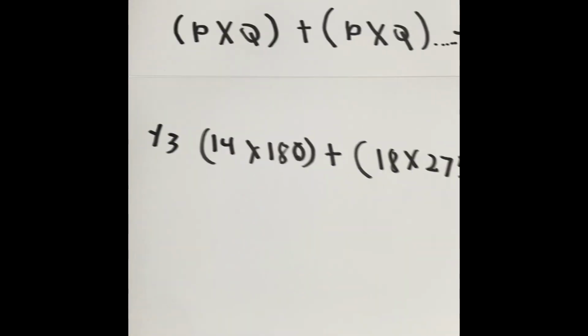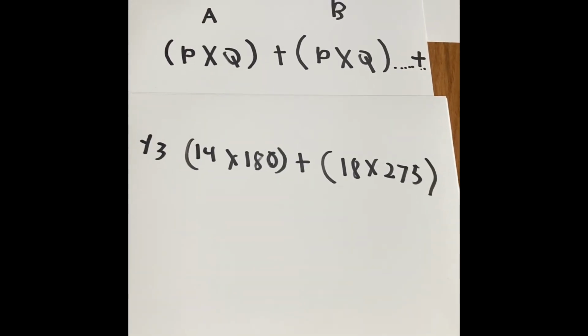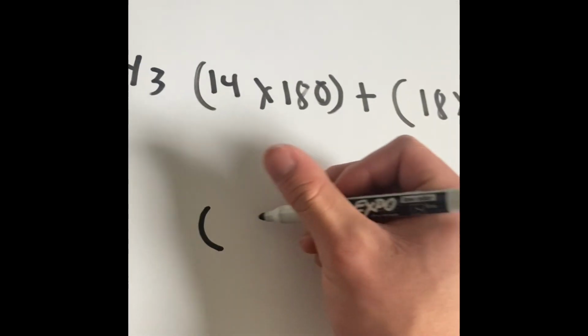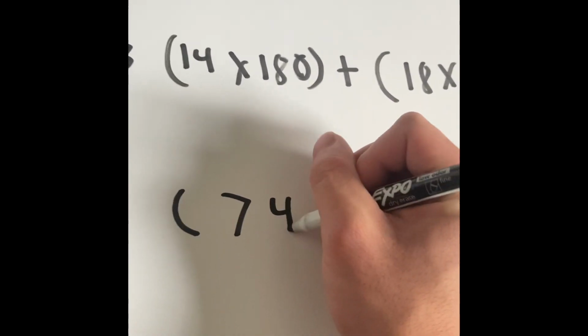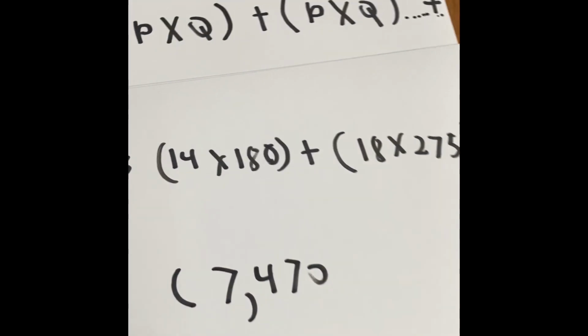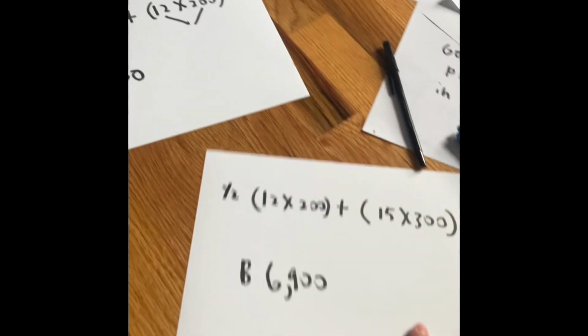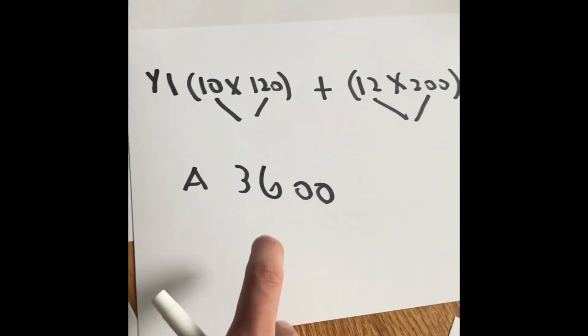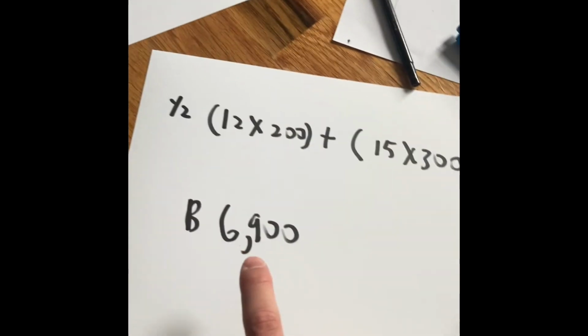When we do order of operations and do the calculations, we are going to get an answer for the GDP of 7,470. So the answers that we've got in this video are: this is year 1, this is year 2, and this is year 3.